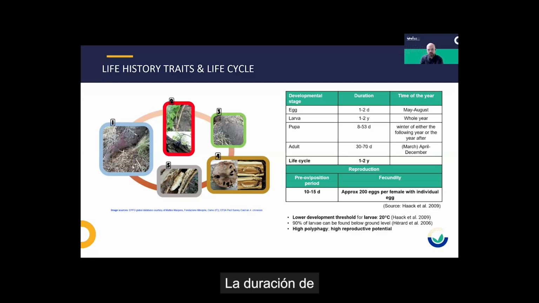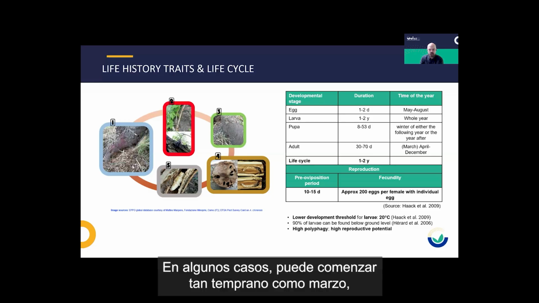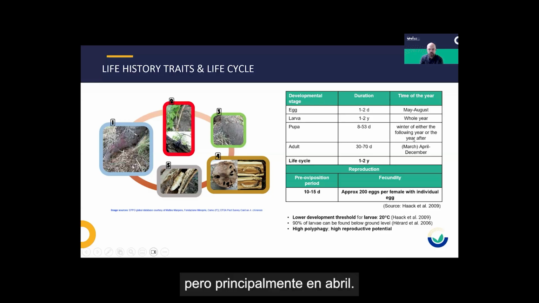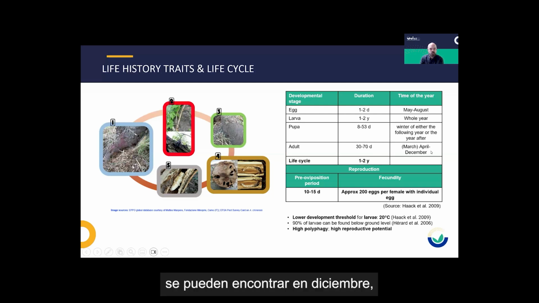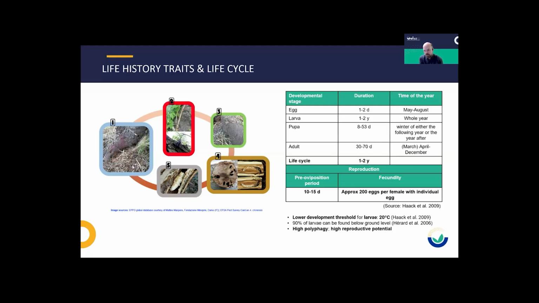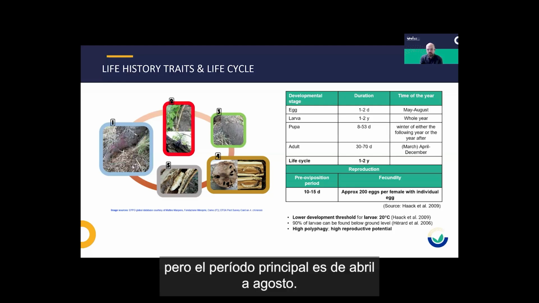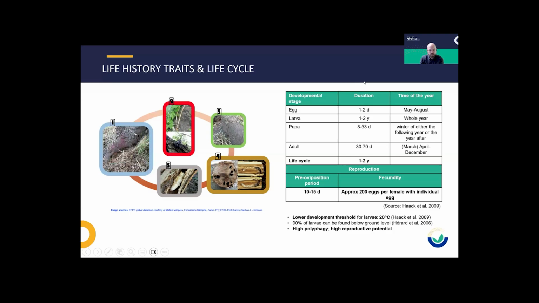The adult has a survivability of 30 to 70 days. It starts in certain cases already in March, but mainly April, and a few individuals can still be found in December, but the main part is from April to August.